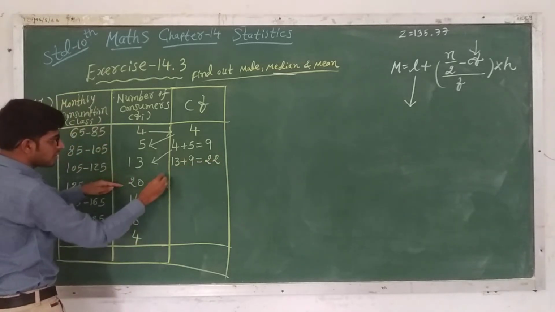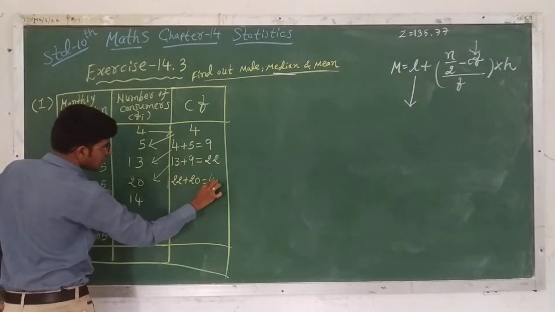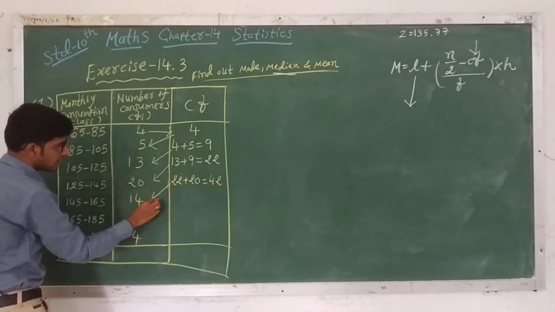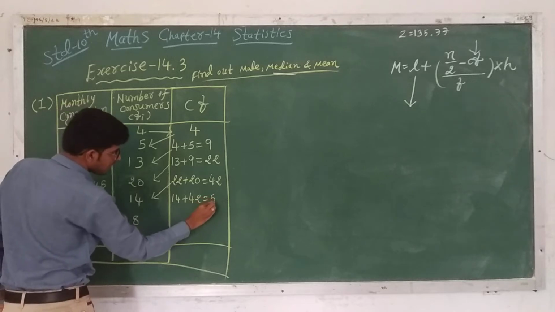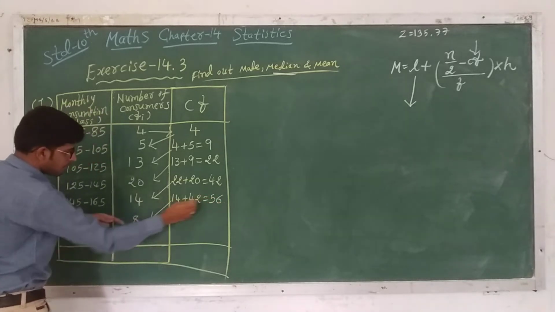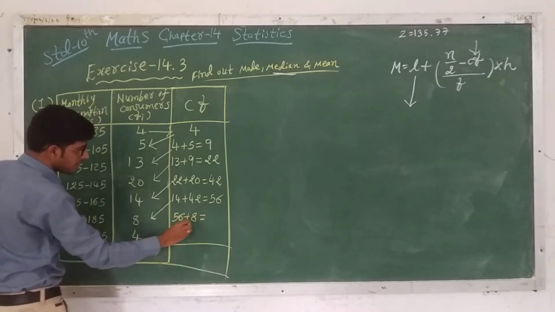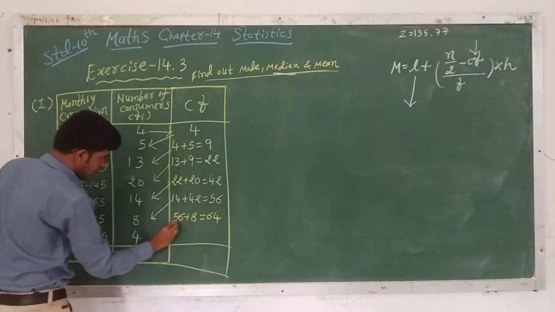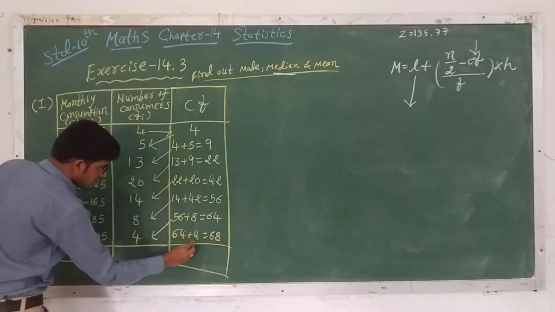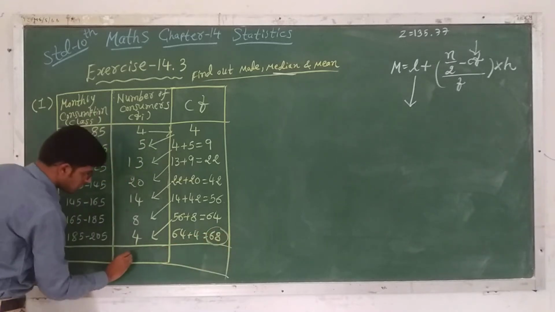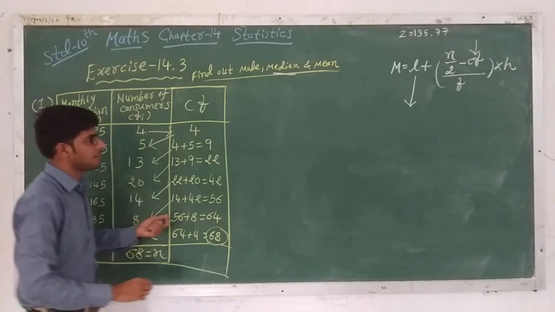Same thing, 22 plus 20 is equal to 42. Then 14 plus 42, so 56. 56 plus 8, 64, and 64 plus 4, 68. So it gives the value of n. So write down 68 is equal to n. It gives sigma fi.